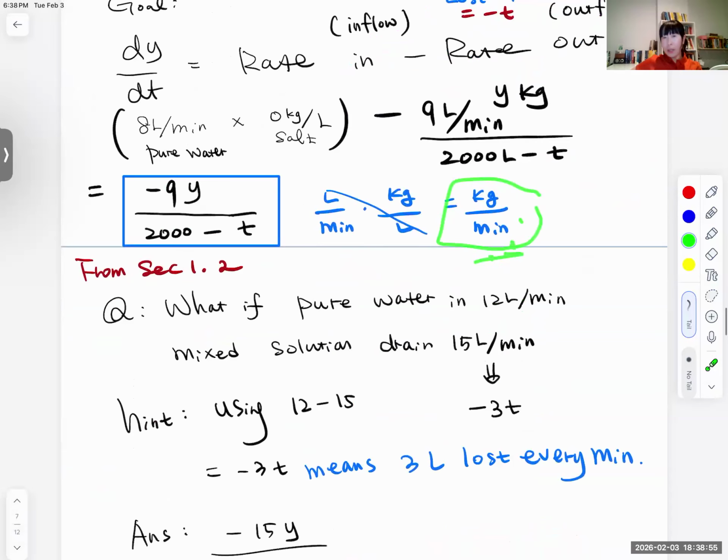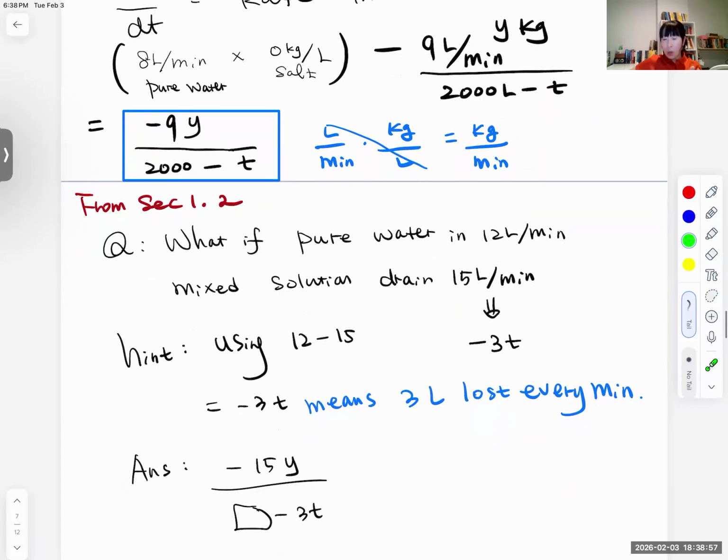Okay, and then I gave you a hint. What if pure water enters at 12 liters per minute and the mixed solution drains at 15 liters per minute? Since it enters at 12 and drains at 15, the difference is negative 3t. So negative 15y, we can just use that concept from here.